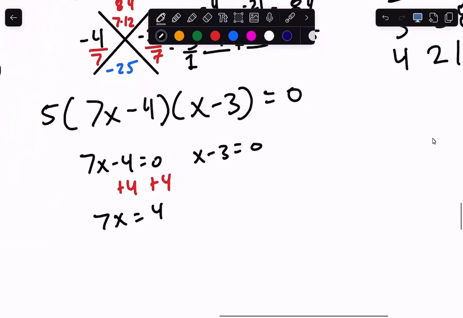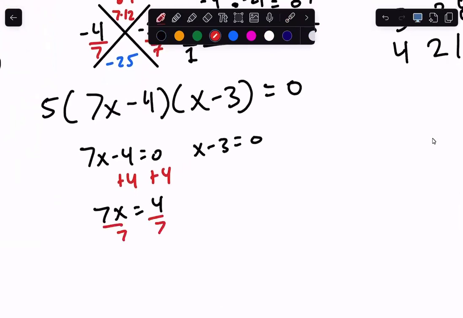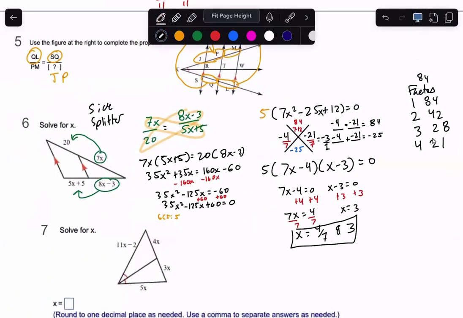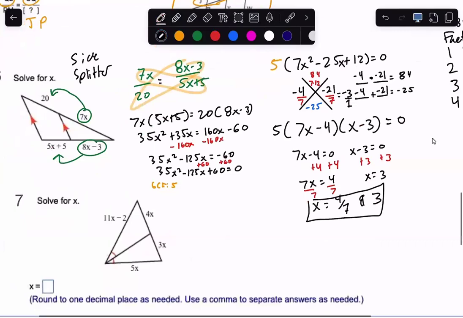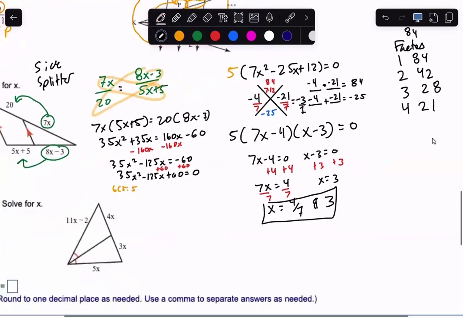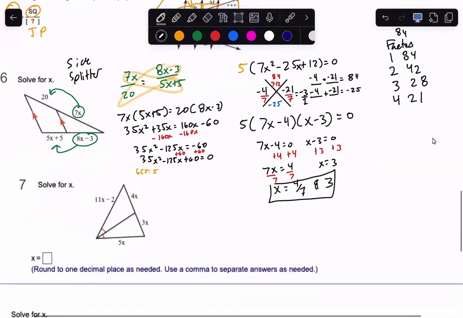7x equals positive 4. Divide by 7. x equals 4 over 7. And x equals 3. So you have two possible solutions. Number 6.